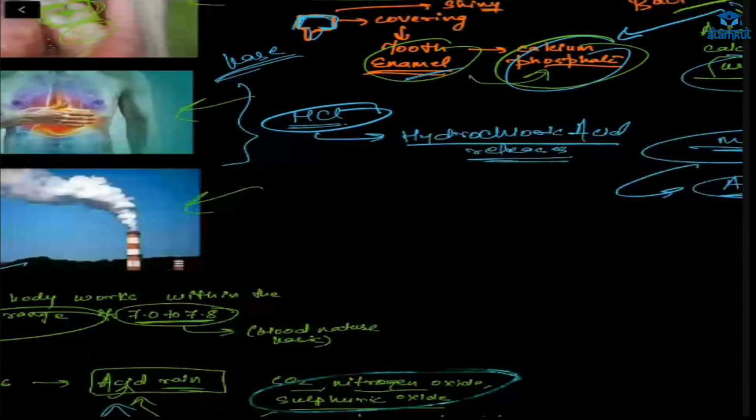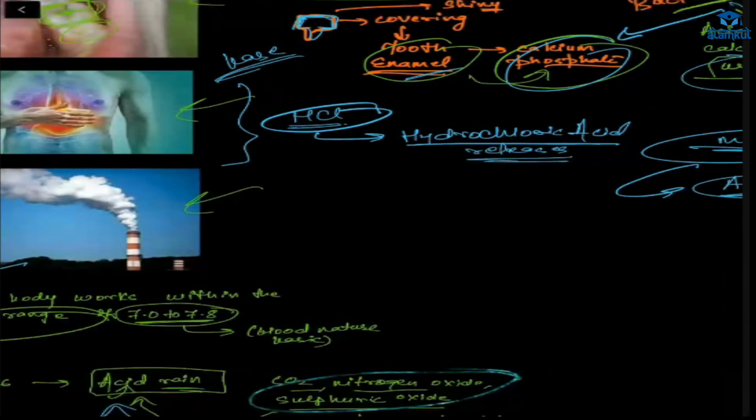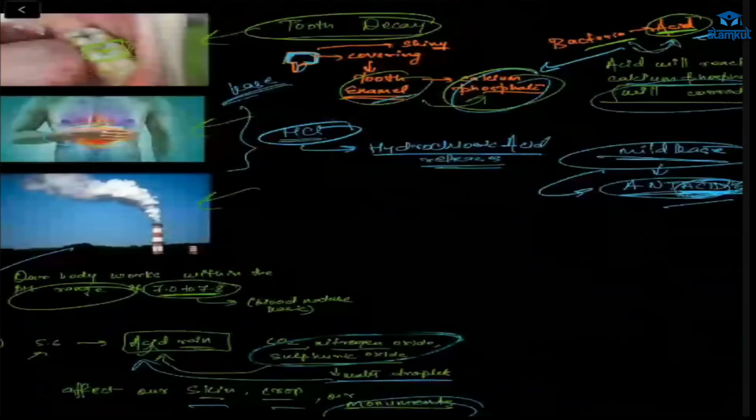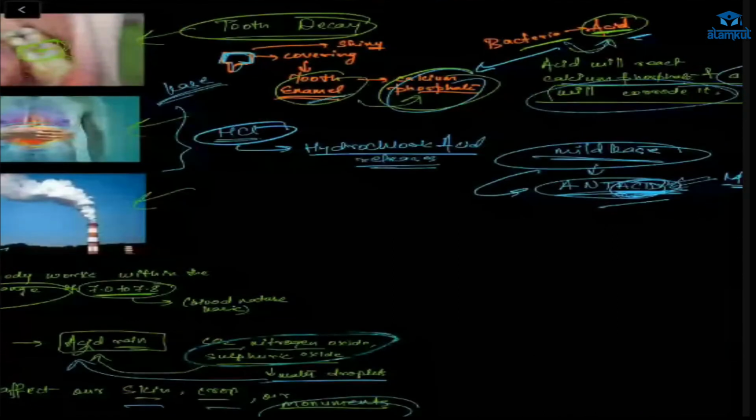Rudra, am I audible? Can you explain this part, the digestive system? Ma'am, the acidity, right? Yes, the acidity. So we basically have HCl in our stomach for our digestion. HCl is released for digestion, and HCl is an acid.